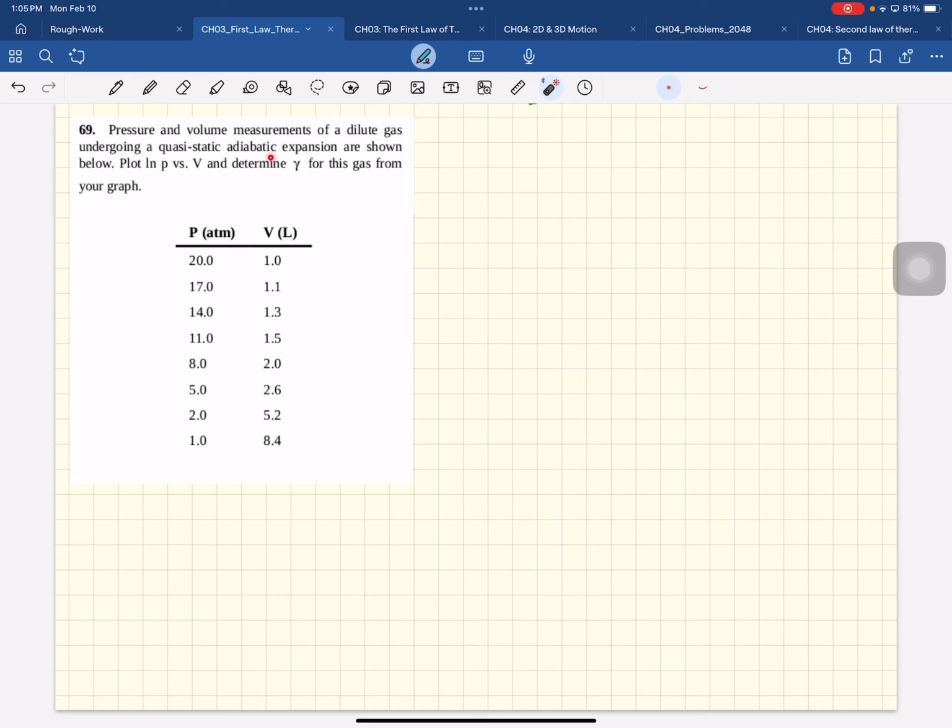Okay, anybody remember what is an adiabatic process? What is an adiabatic process? If you do work, all that comes from the internal energy, so it loses energy. Yeah, very good. Okay, so again, all these terms are with reference to the first law of thermodynamics.